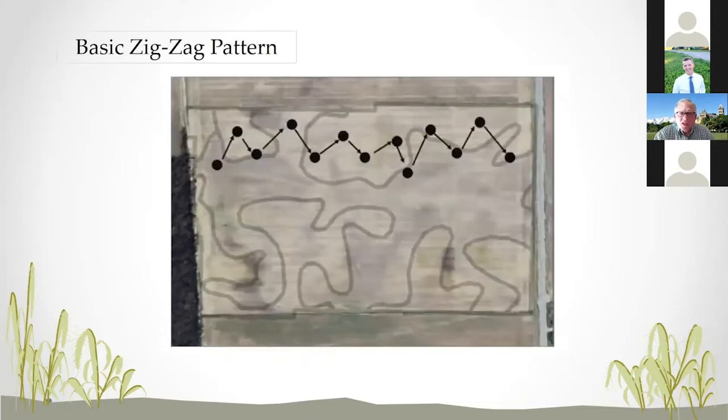So if we're talking about just capturing basic field variability, often the recommended sampling pattern will be something like a zigzag throughout the field. Here you can see a field that, we got an outline here of the field that has some internal lines that are kind of showing where some of the variability might be.